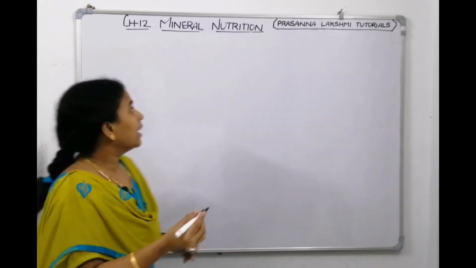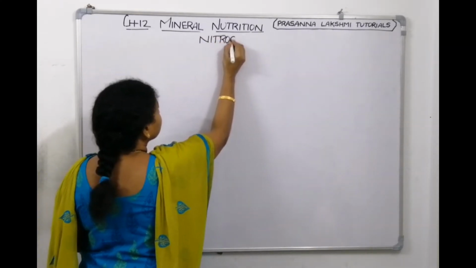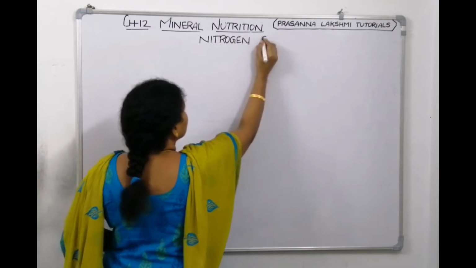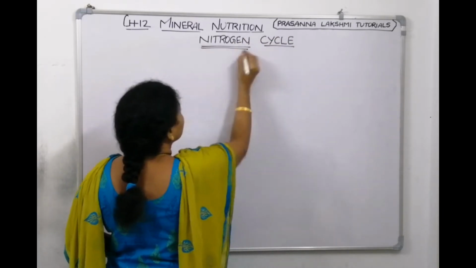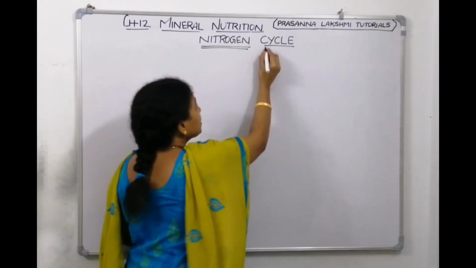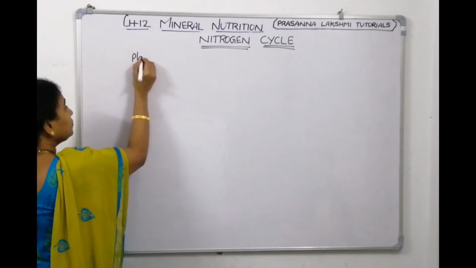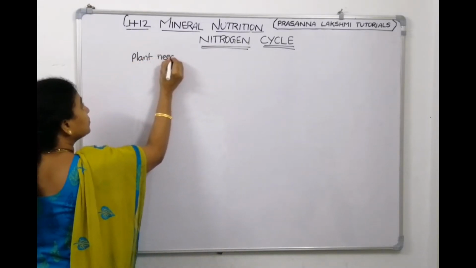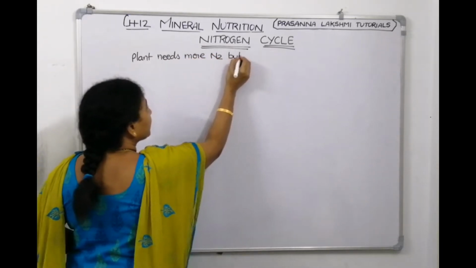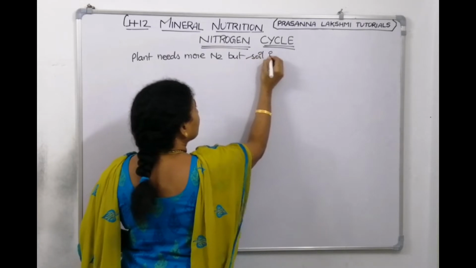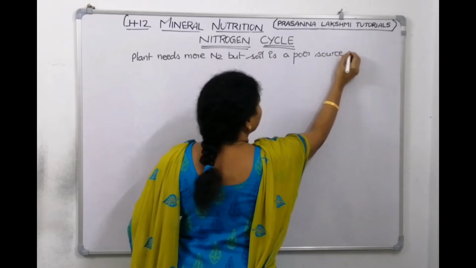Let's start the class. Today's topic is the nitrogen cycle, right, children? Now, what is the nitrogen cycle? As I told you, plants need more nitrogen, but soil is a poor source of nitrogen.